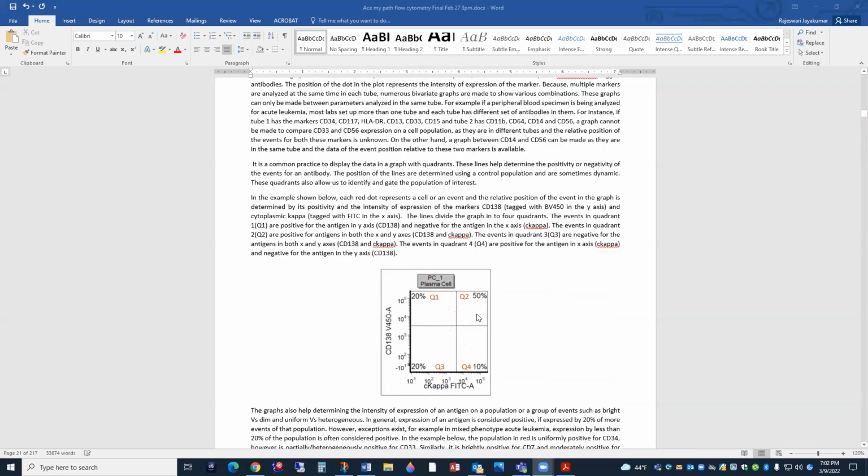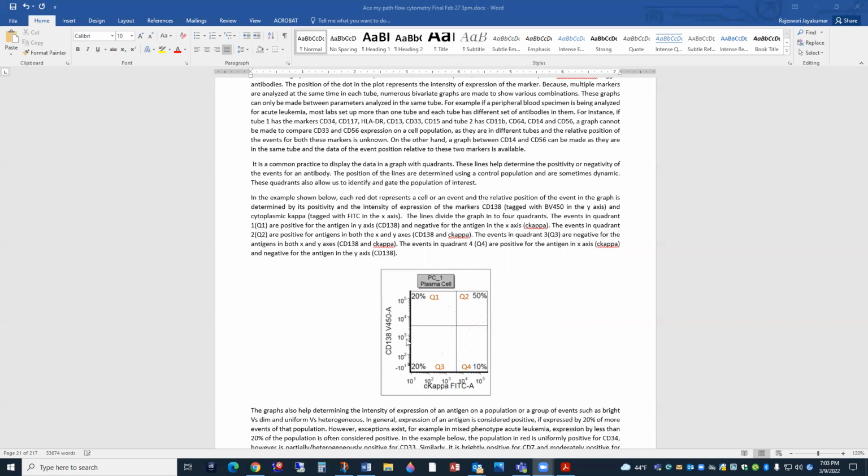So in this plot, when we call something positive, it means that it is expressing the marker in that axis. For example, we also have these lines in many of our graphs. Those are the lines that are drawn to divide the plot into quadrants.